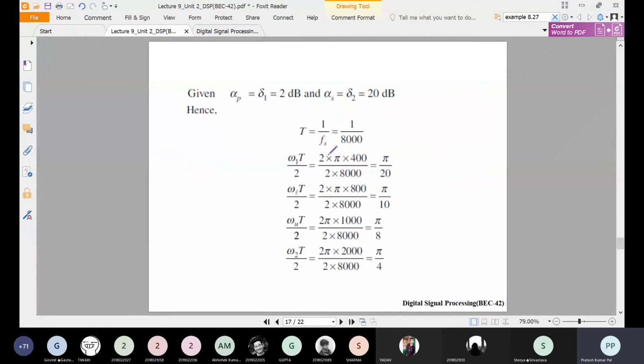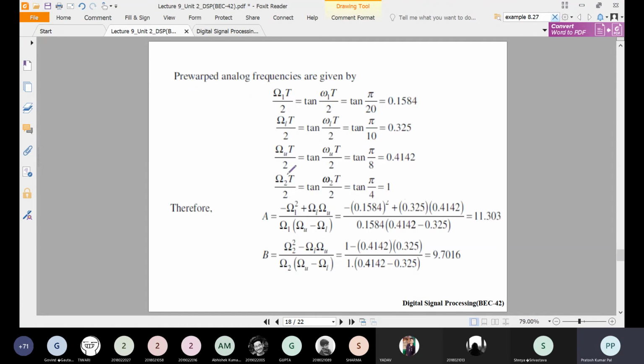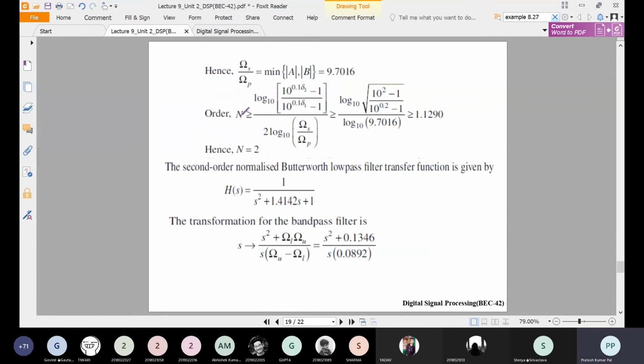The dB values are given to be 2 dB and 20 dB, and the sampling frequency is given, so from there we can get the time period. To find the n value, we can directly write delta 1 and delta 2 in terms of dB also. If we write in dB, this will be the formula.